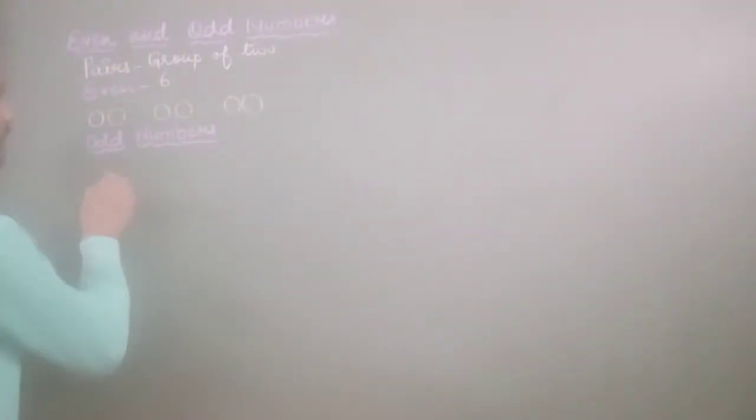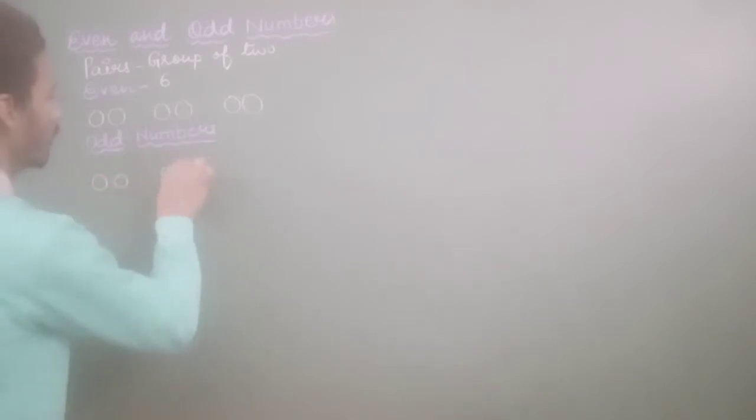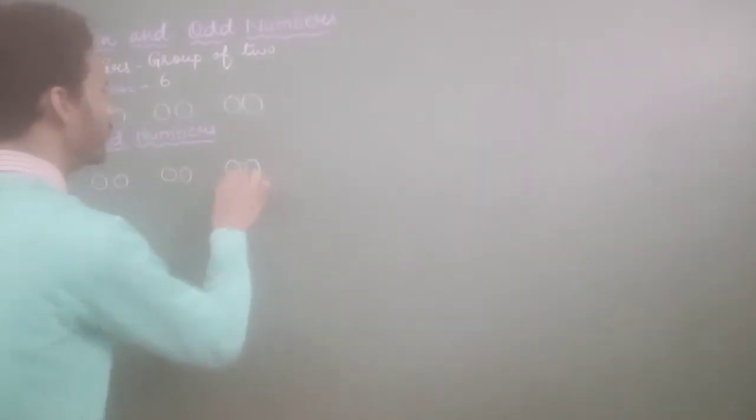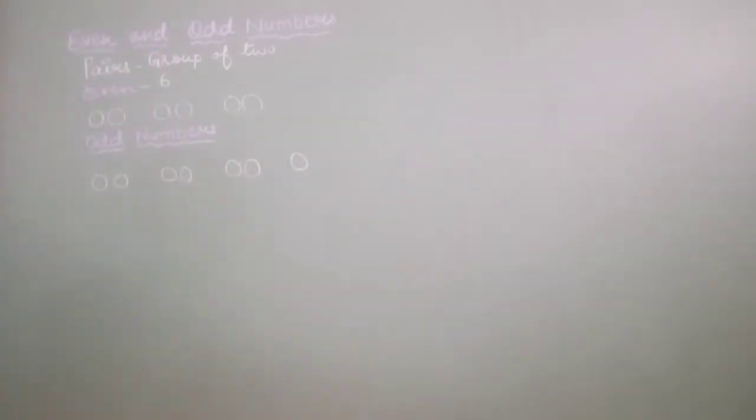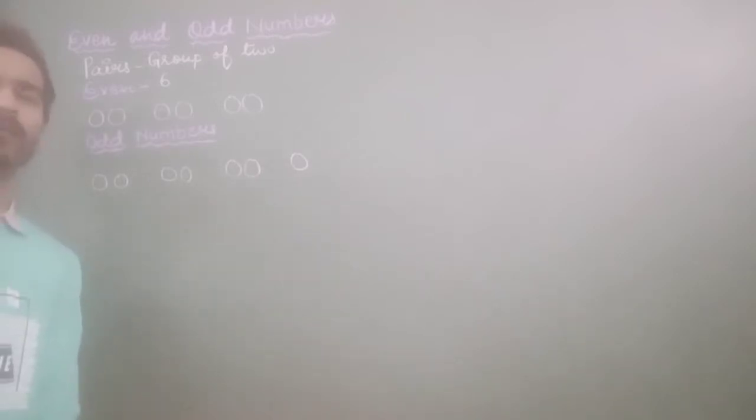There are 7 balls and when we arrange them in groups of 2, one is left over. So we can see here that odd numbers can't be paired.